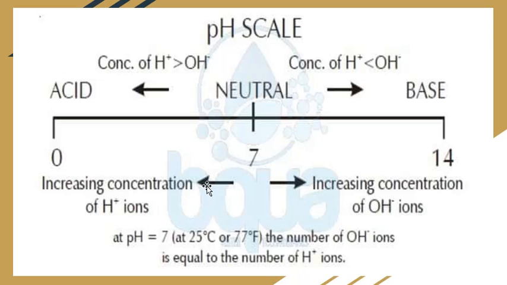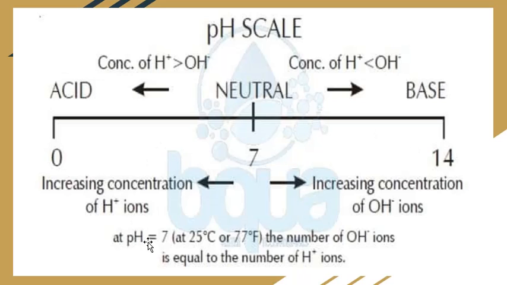The solution becomes more and more acidic when you move from 7 to 0. Similarly, when you move from 7 to 14, there is increasing concentration of OH minus ion, that is the solution becomes more and more basic when you move from 7 to 14.